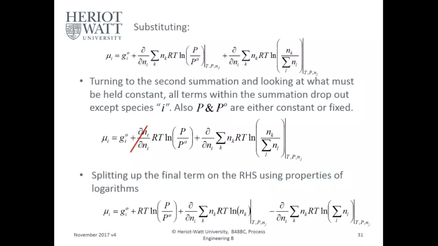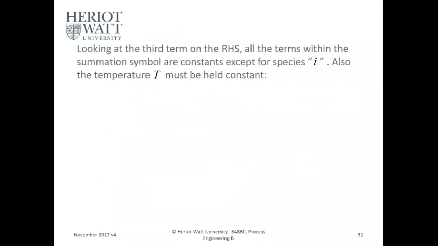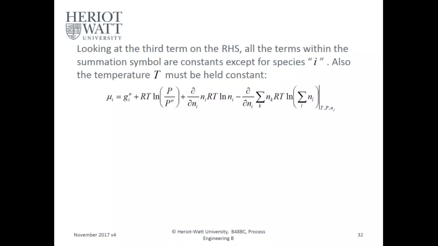You get chemical potential equals GI plus RT log of P over P0 plus the infinitesimal change over infinitesimal change in Ni, NK RT log of NK. And basically doing the second partial derivative, these two are the same. Hence, looking at the third term on the right-hand side, all the terms within the summation symbol are constant except for species I. Also, temperature T must be held constant.